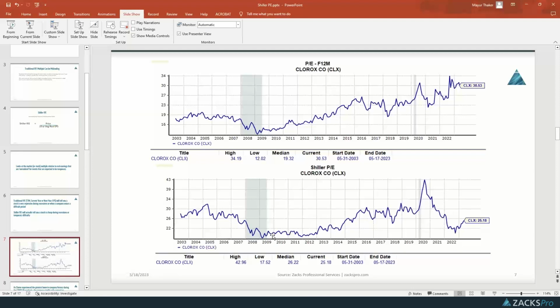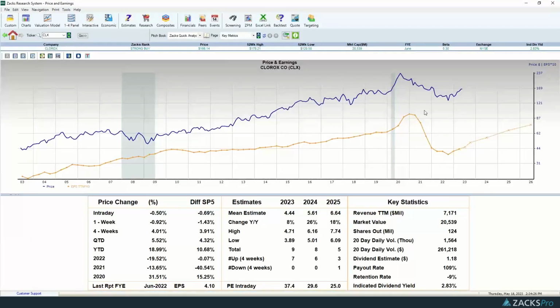You could have bought it with plenty of time. And that's why the Shiller PE is a much better metric to help you reduce the volatility when it comes to single year events, reduce the impact of single year events on your valuation analysis.